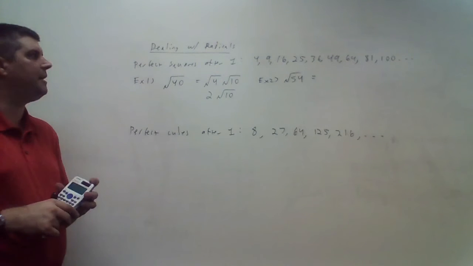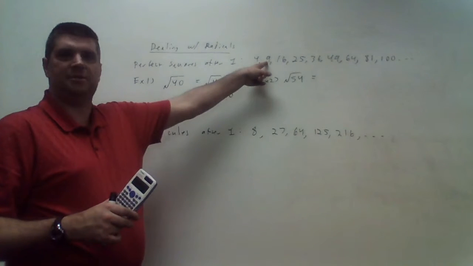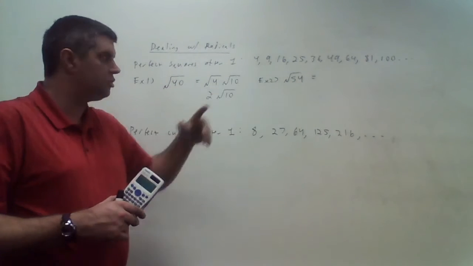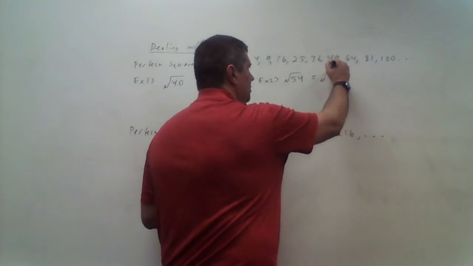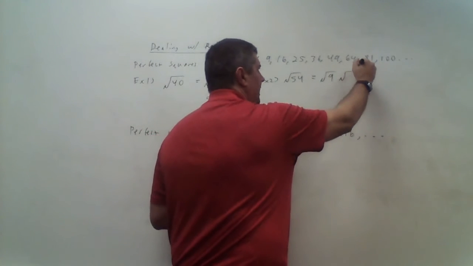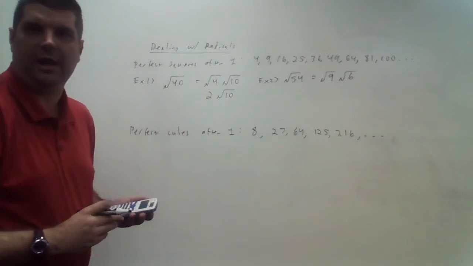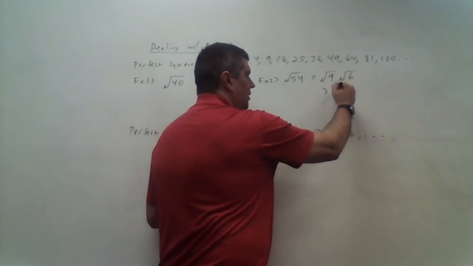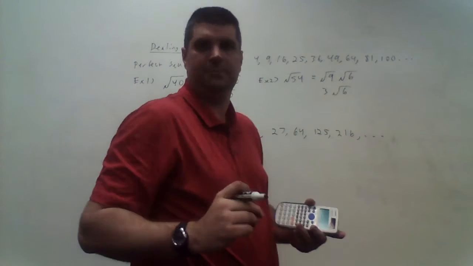But remember, it's got to be divisible by a number on that list. It's not divisible by 4, but it is divisible by 9. So we'll put the 9 first, and 54 divided by 9 is 6. The square root of 9 is 3. So I have 3 square root of 6.